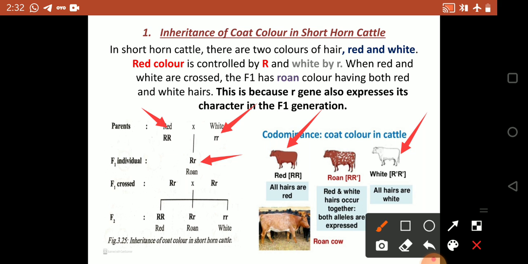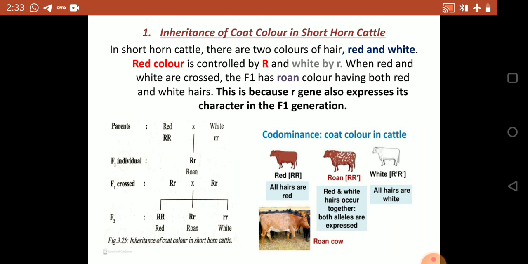Roan is a mixture of the red color and the white color. As you can see in this picture, the red colored shorthorn cattle has white colored patches on its body. This is the first example, inheritance of coat color in shorthorn cattle.